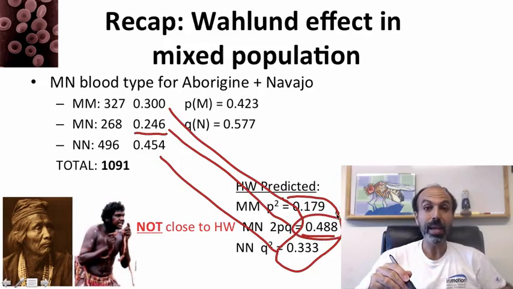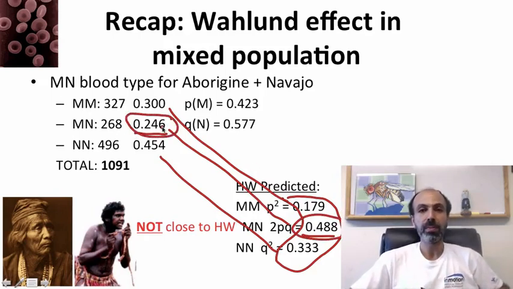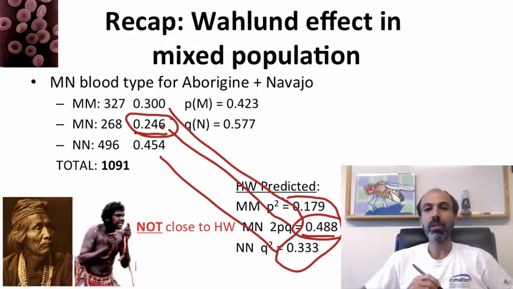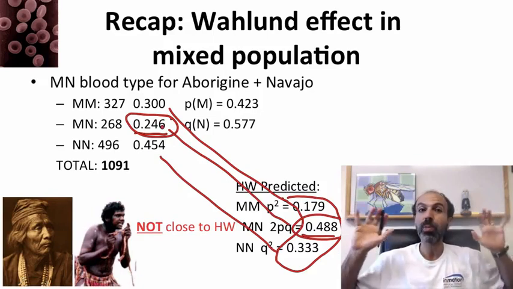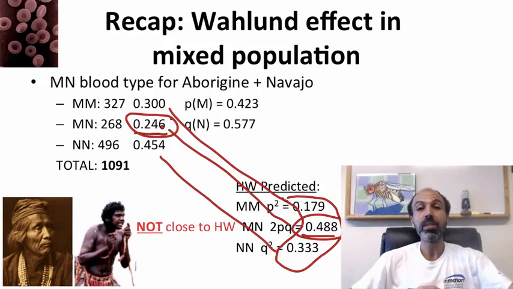At 0.488, the predicted number is much greater than the observed 0.246. I attributed this to the Wahlund effect. That is what happens when you have populations that differ in allele frequencies. Even if each population individually is at Hardy-Weinberg, if you put them together, you see a deficit of heterozygotes.